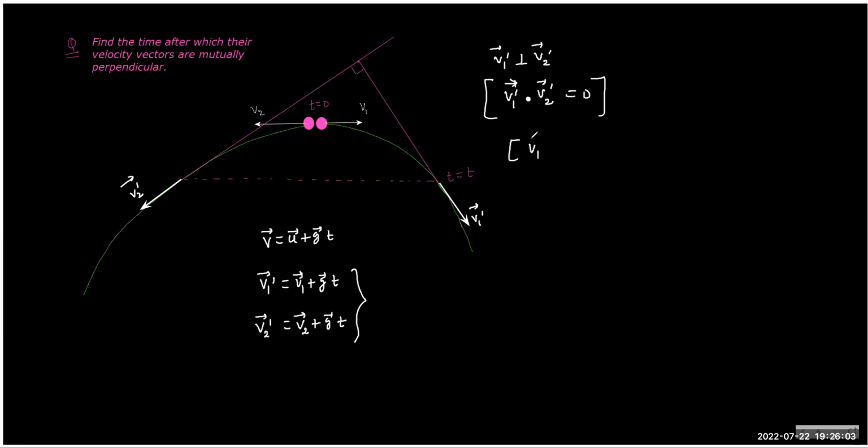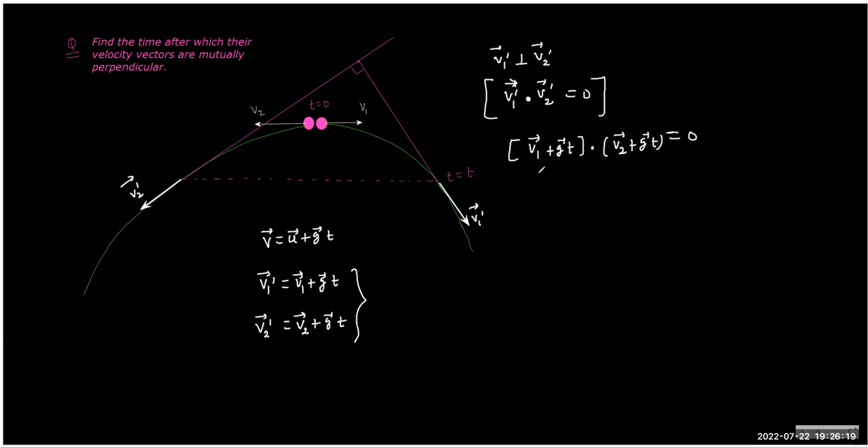So V1 vector plus GT vector dot V2 vector plus GT vector. And this must be equal to 0.